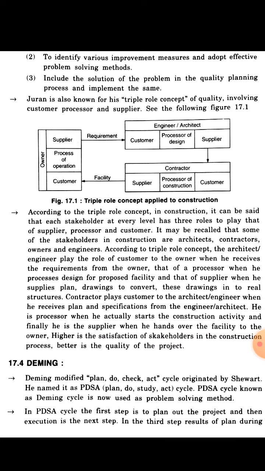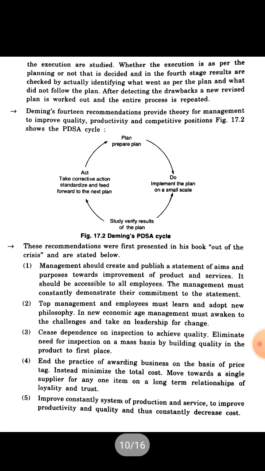In the PDSA cycle, the first step is to plan out the project, then execution is the next step. Then in the third step, the results of the plan during execution are studied, and whether the execution is as per the planning or not is decided in the fourth stage. Results are checked to identify what went as per the plan and what did not follow the plan.